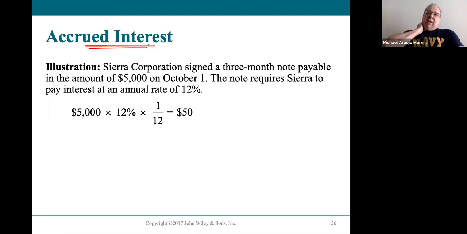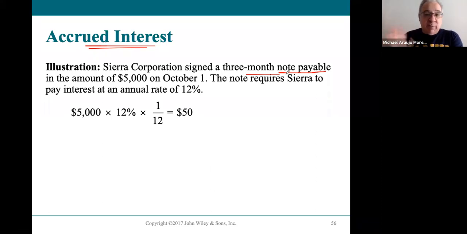So like I said, businesses have loans. They take loans, no problem. On any loan, as you know, there's interest that's charged on the loan. For this particular company, they had a 3-month note payable. So what happens in a note payable is you pay back the loan and the interest on the loan when it's due.